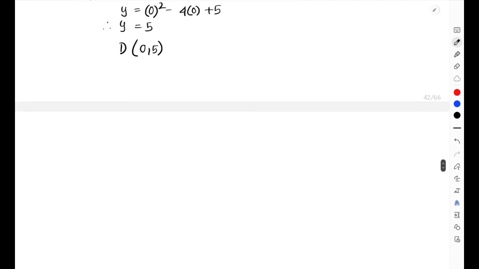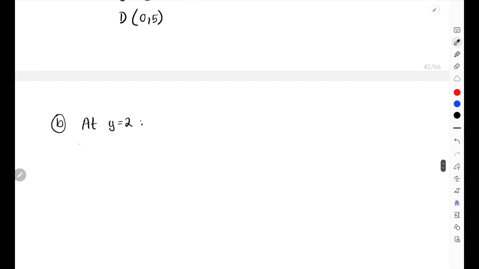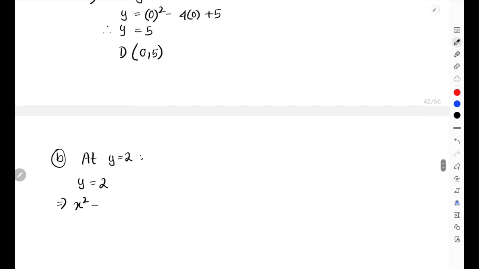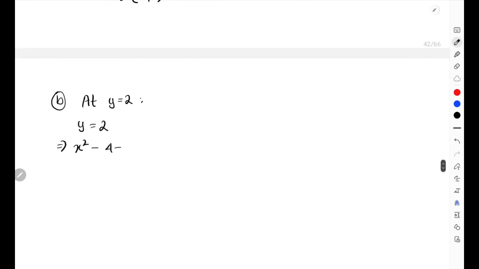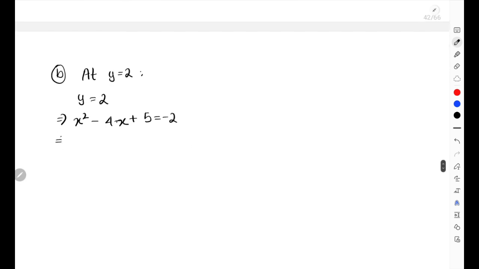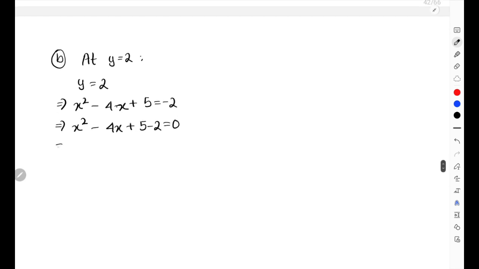So for part B, at y equals 2, which is going to be x squared minus 4x plus 5 minus 2 equals 0, so x squared minus 4x plus 3 equals 0.